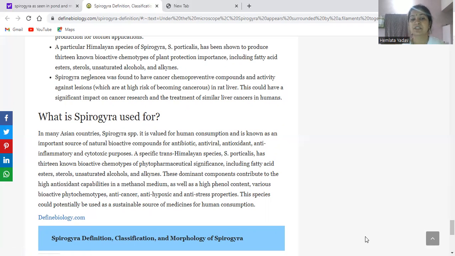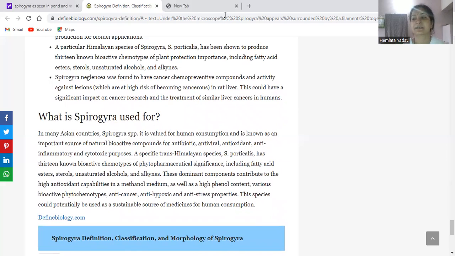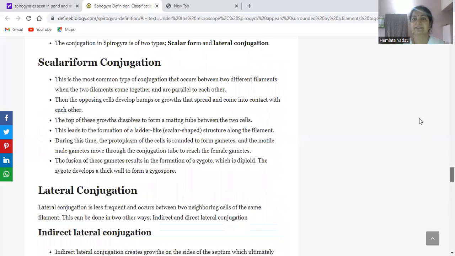These dominant components contribute to high antioxidative capacity in a methanol medium, as well as high phenol content. Various bioactive chemotypes with anti-cancer, anti-hypoxia, and anti-stress properties are there. So it is mostly used for pharmaceutical purposes, for therapies, and for various types of medicines.